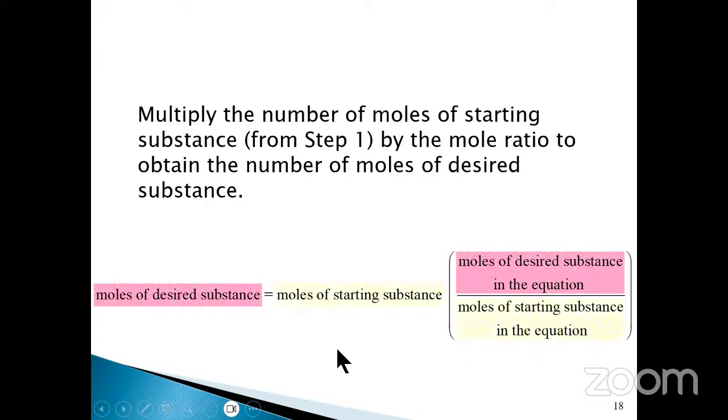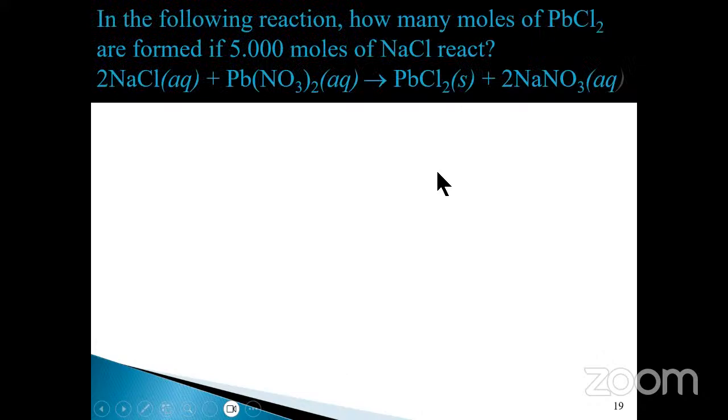All right. And then, okay, so let's look at this example. So in this particular question, they already gave us a balanced equation, which makes life a bit easier for us. And they're asking, how many moles of lead 2 chloride, which is this right here, are formed if 5.000 moles of sodium chloride react?